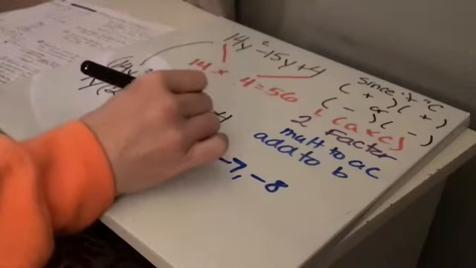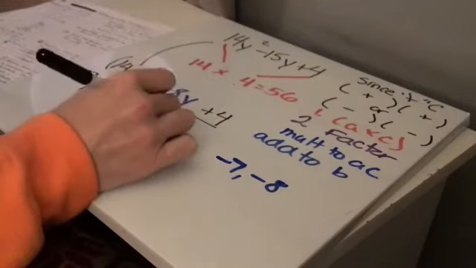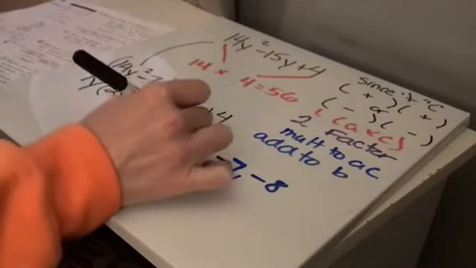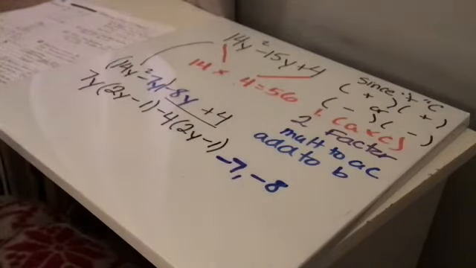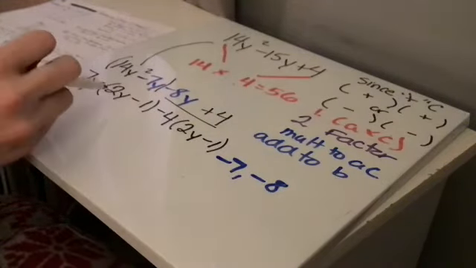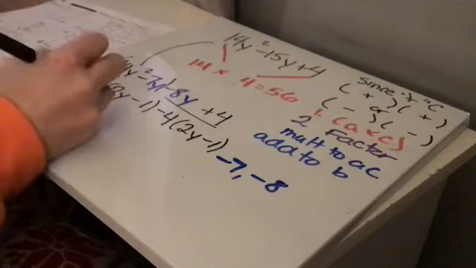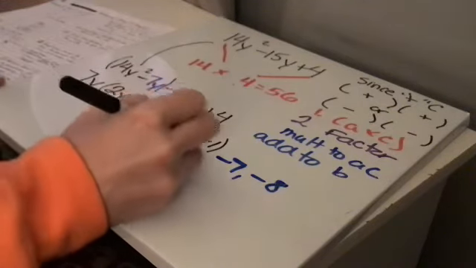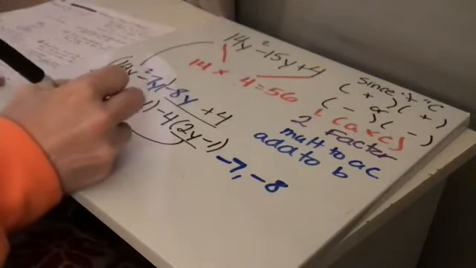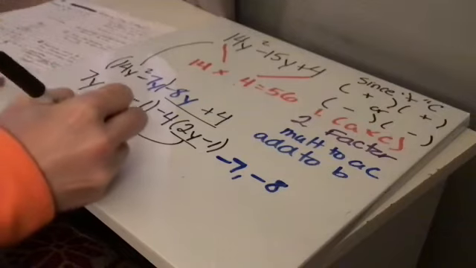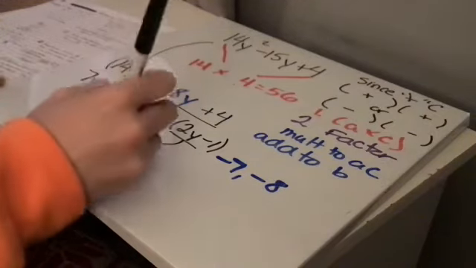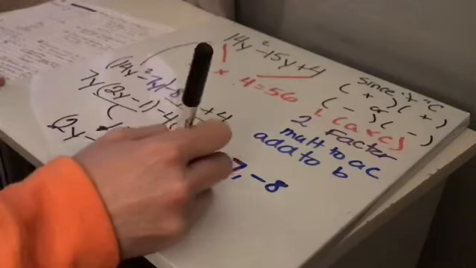And here I'm going to factor out a negative 4. So minus 4 times 2y minus 1. Then they both have a 2y minus 1, so I can factor that out. Then I get 2y minus 1, and what's left is 7y minus 4.